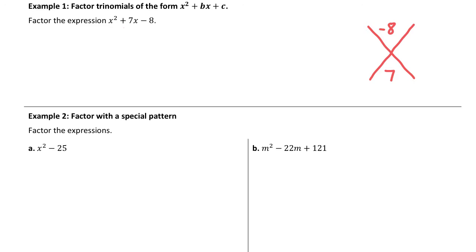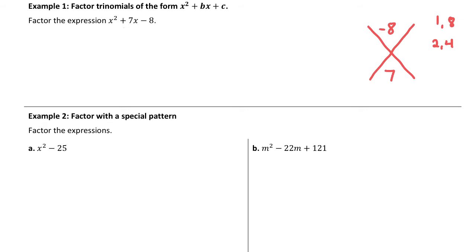So these numbers, if they multiply to be negative 8, that means one has to be positive, one has to be negative. So you should be able to do some of these in your head, but you may want to list the factors of 8. So the factors of 8 would be like 1 and 8, 2 and 4, and that's it. So I'm looking which pair of these would add to equal 7.